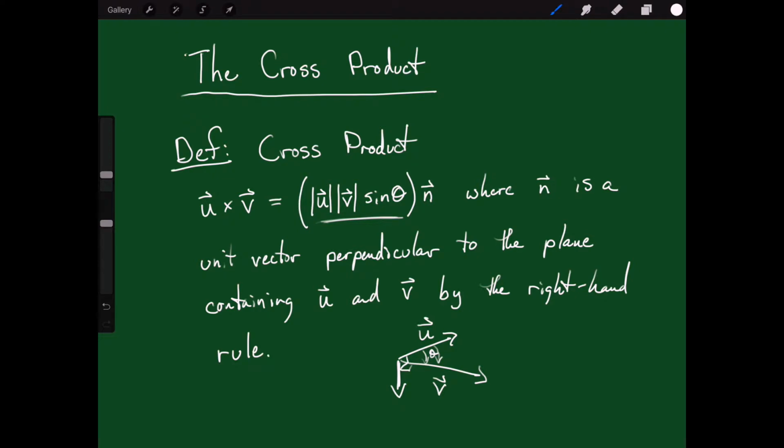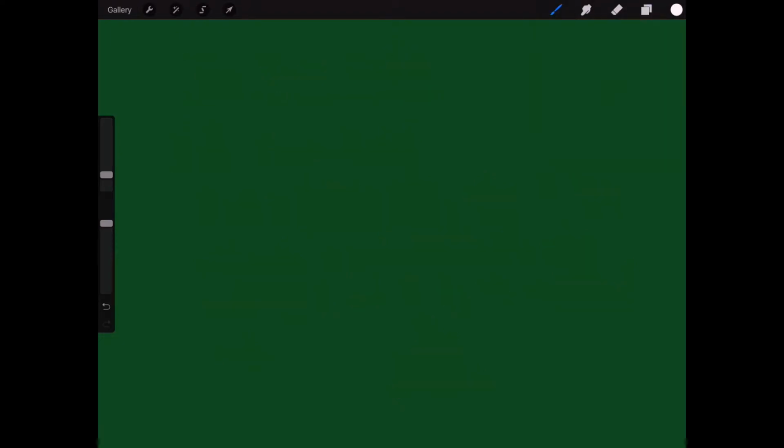Calculating it that way, not as easy, but let me talk to you about some things to know about cross products. So let's say that you have a vector u and you cross that with a vector v.